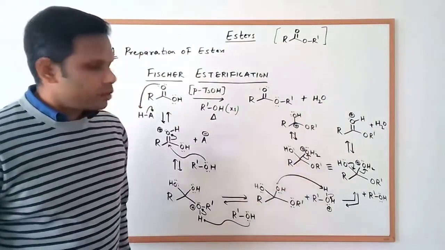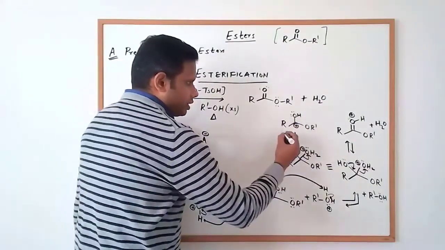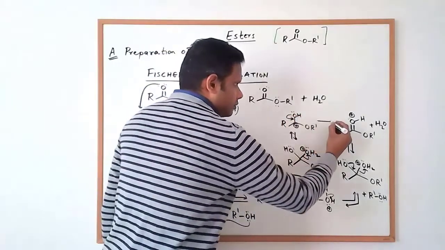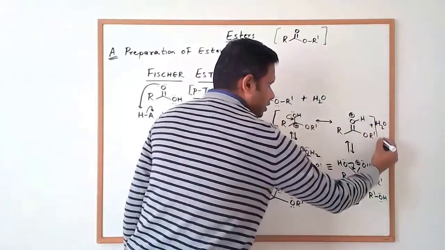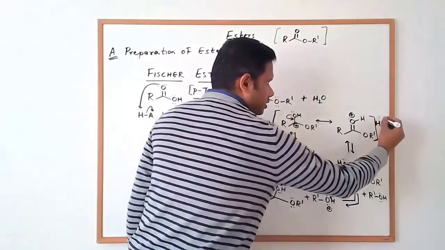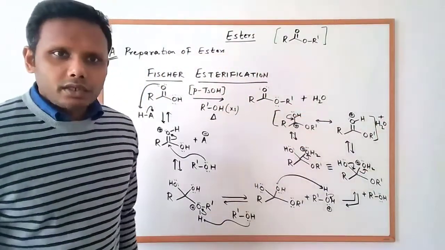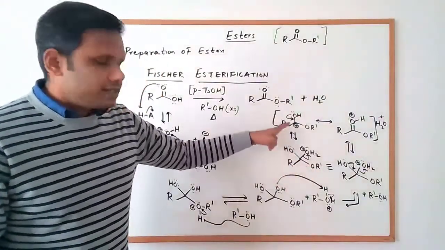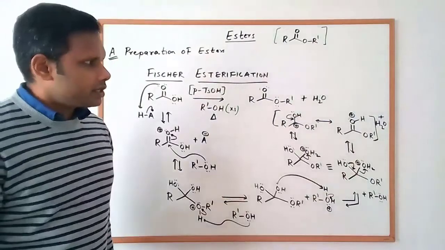If we do resonance on this intermediate, it will take us to this other intermediate. So you could do it stepwise, or you could show the electron push in one step.